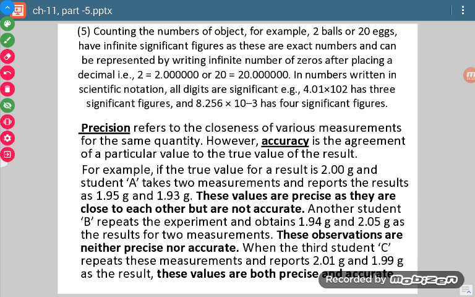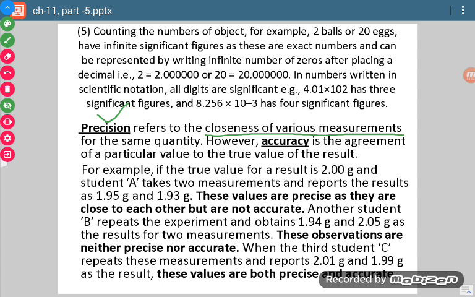So because of closeness of his results, we will say it is precise. Whether it is accurate or not depends on what the actual value is. In case his results are varying by plus minus 1, then his observation will be termed as accurate.